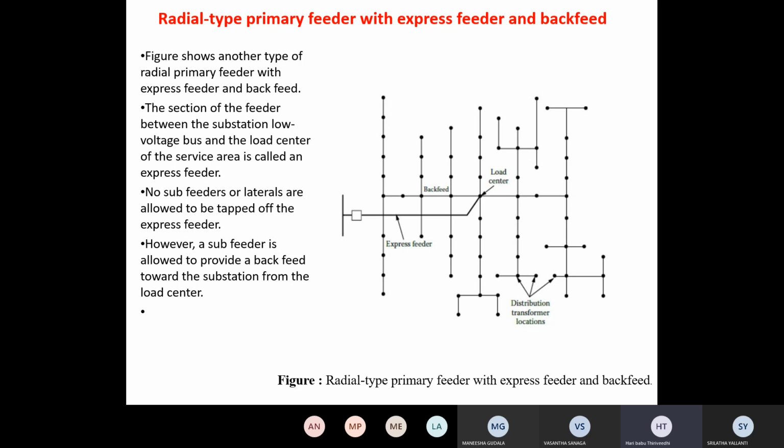I think in one examination, they asked to define express feeder for 2 marks. The feeder located in between the substation low voltage bus and the load center of the service area is called express feeder. From the express feeder there are no tappings, there is no extra feeder, only a single feeder is there, right?